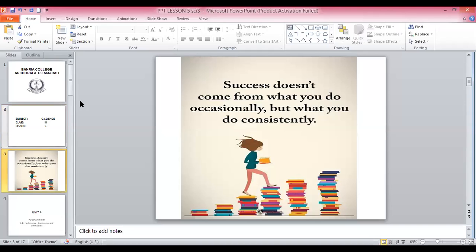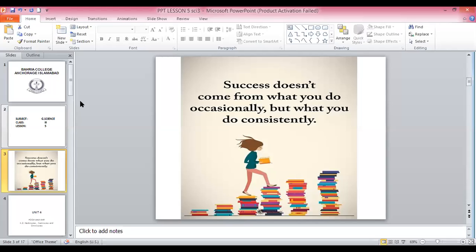Success doesn't come from what you do occasionally, but what you do consistently. So this means that if you want to be successful in your life, you have to work hard on a daily basis. Whatever you do, it should be a consistent effort. It should be an ongoing process, a daily routine.